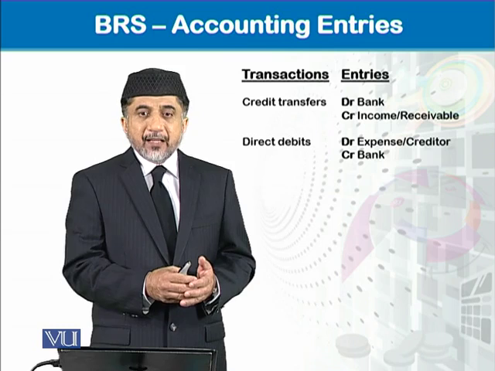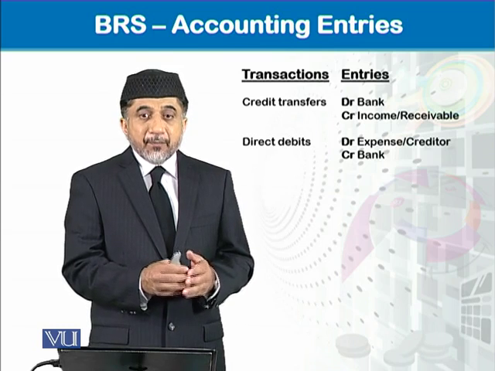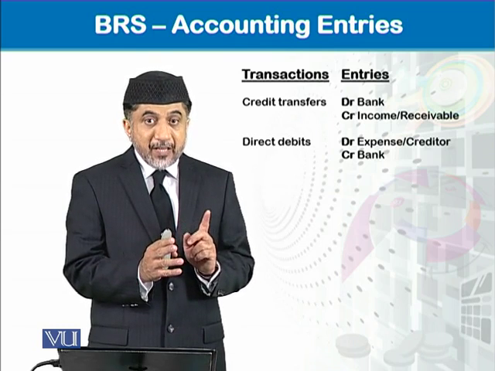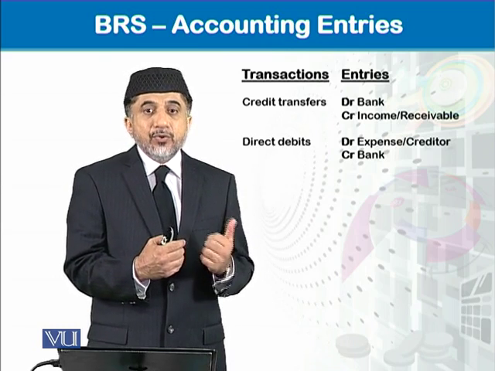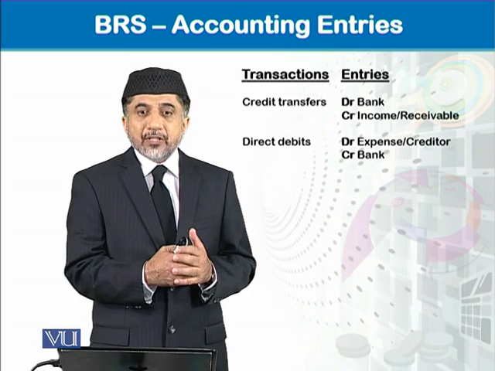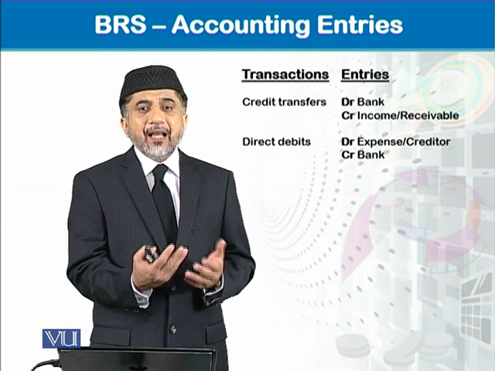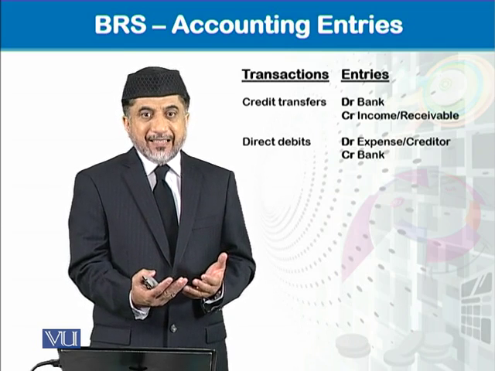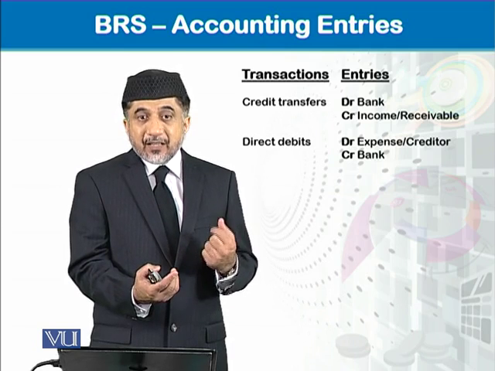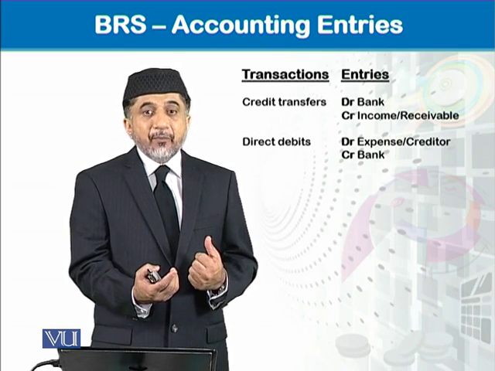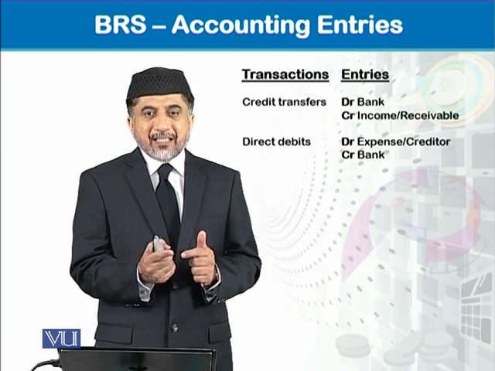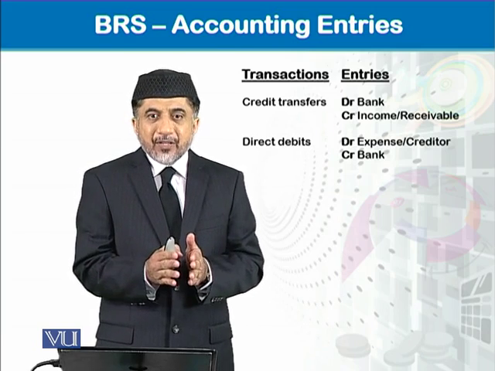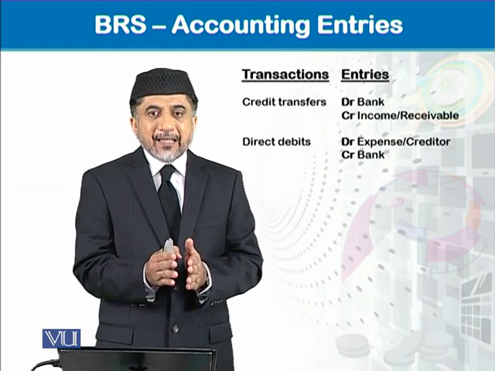Direct debit. Direct debit is when the bank has made payment directly on our behalf to any vendor or supplier or for some valid reason. But the banker did not inform us in time, or the information was in transit before the date of the bank reconciliation.